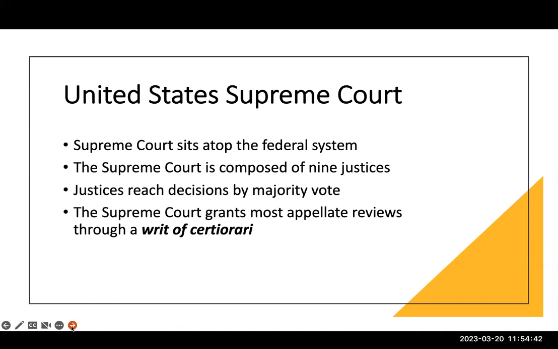The cases that are accepted for consideration, the reasons for it vary. Two primary reasons are, one, just the importance of a matter. Again, the abortion decisions show that. And second is when there's a conflict amongst the various courts of appeal.